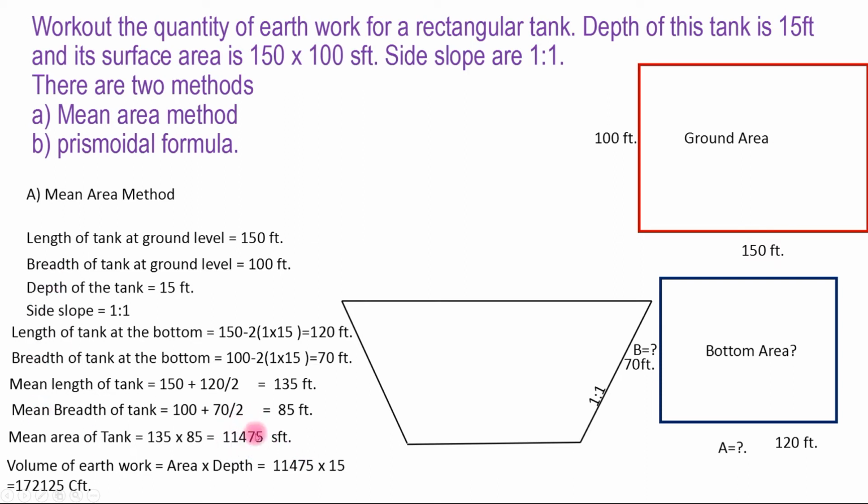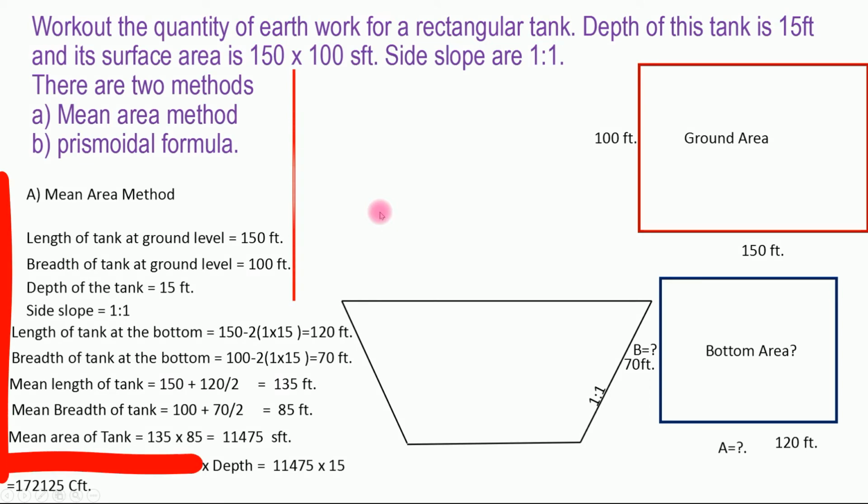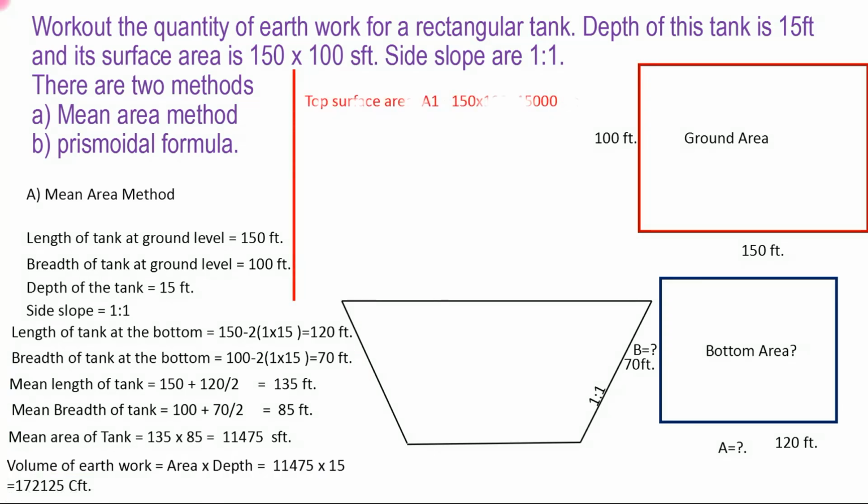Let's draw some lines here. The top surface area is already given data, 150 into 100, equal to 15,000 square feet, and the bottom, which we have already calculated, is 120 into 70, which is 8,400 square feet, the bottom area.